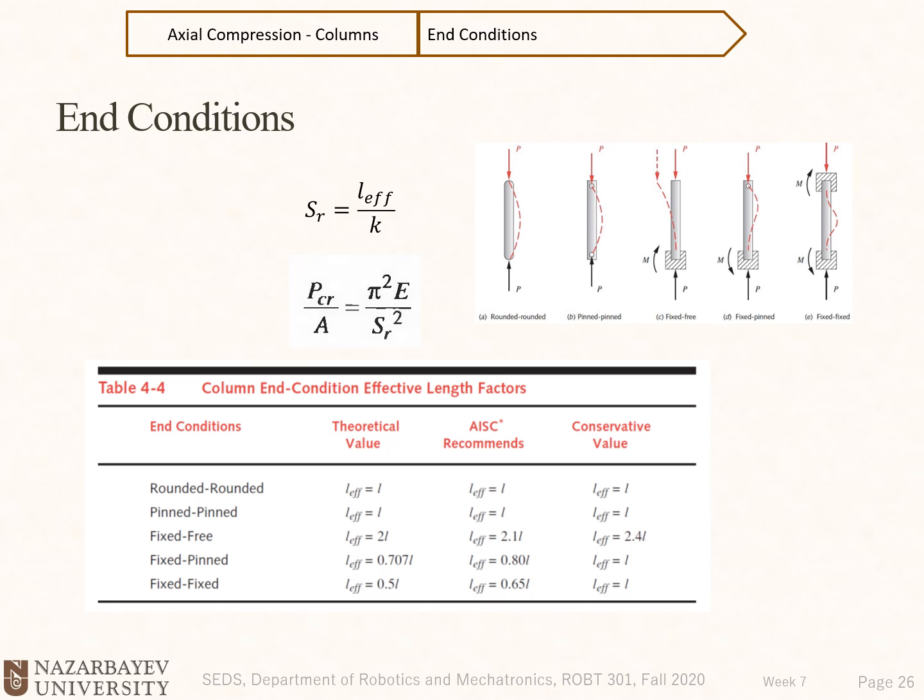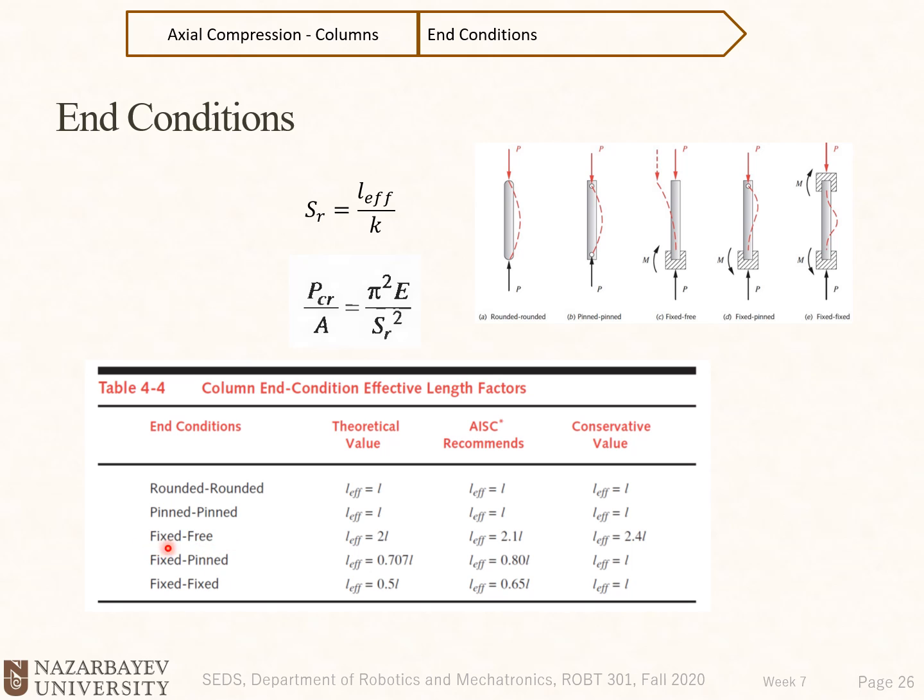We could use the same Euler formula which we developed for the round or pin end conditions, but instead of using SR, we'll use this formula for the SR, which takes into account the L effective.